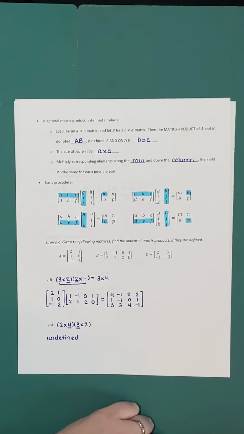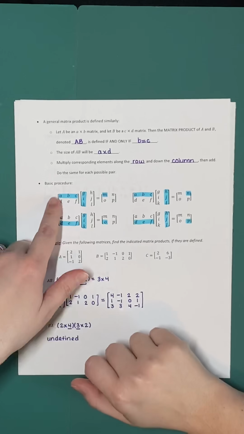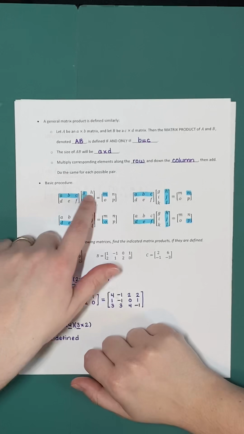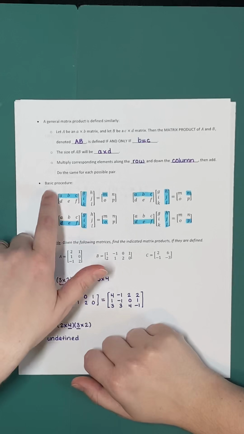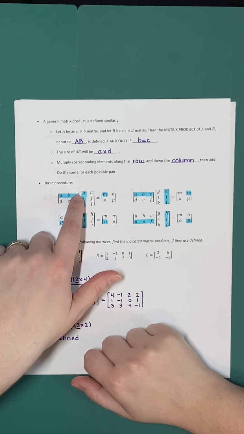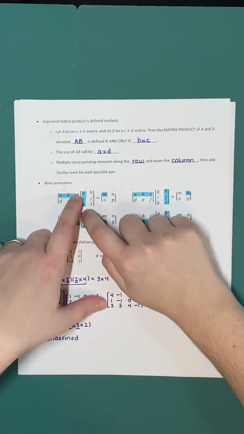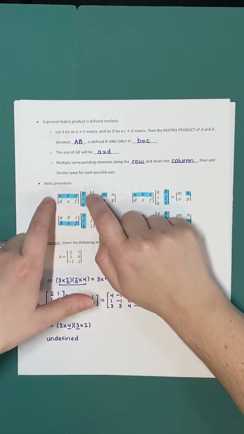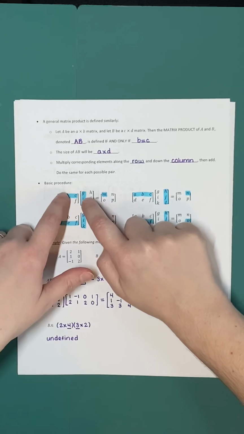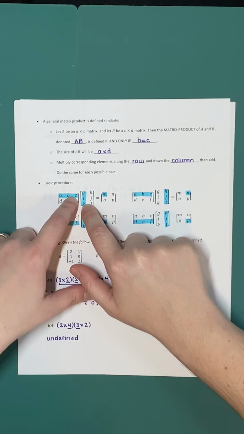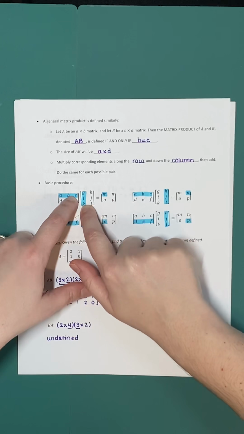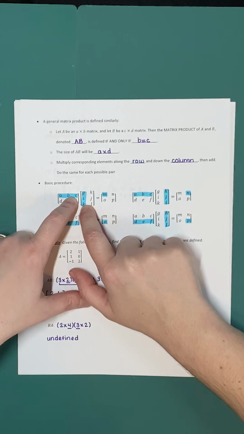So again, the operation is the same, across the row, down the column. I'm going to start with my first matrix, first row. I want to go across the row and then down the first column. So I would take each of those corresponding elements, multiply them together, and then remember, we take those results and we add them together.